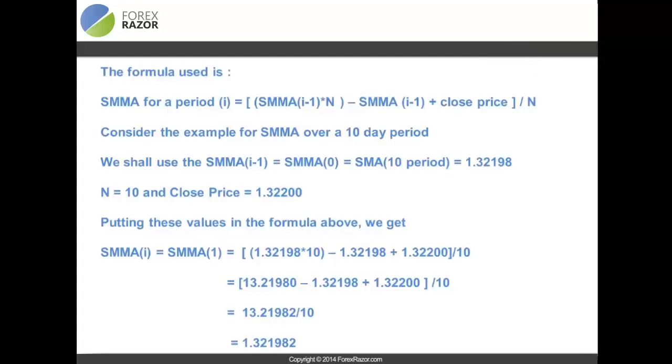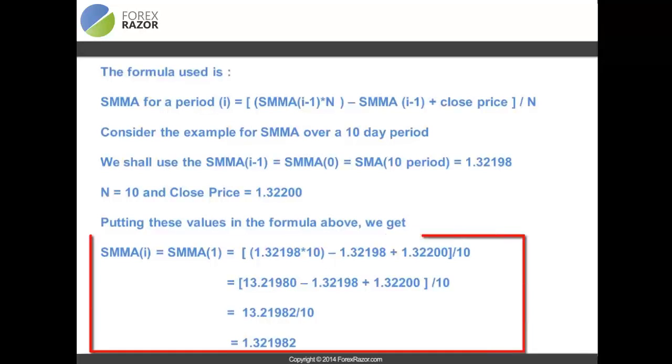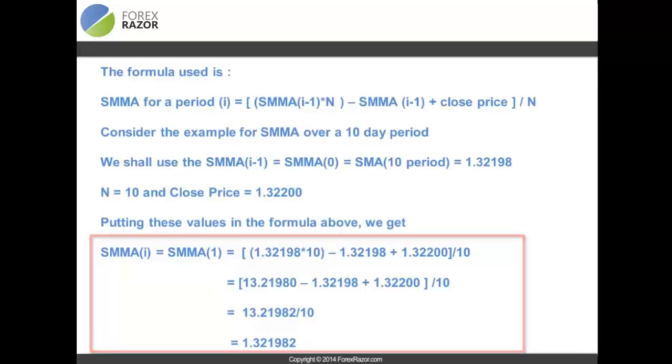That would be equal to 10 times the SMMA0, the product minus the SMMA0, which was also equal to the smooth moving average for 10 period, the result plus the close price, and then the final result divided by the number of periods, that is 10. And we finally get the value as 1.321982.